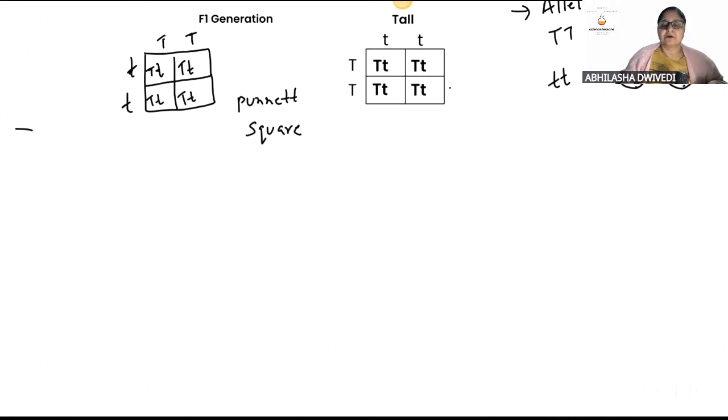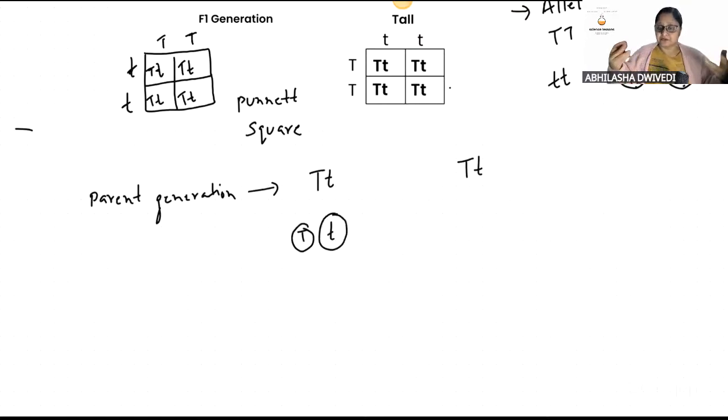Okay, so next I'm going to teach you, like this was a cross between homozygous dominant and homozygous recessive. Now let me do a cross between two heterozygous plants. So this is the parent generation. Now we will do the gamete formation. You know that we just have to separate that, right? If you circle it, it is a little more clear and obvious to you.